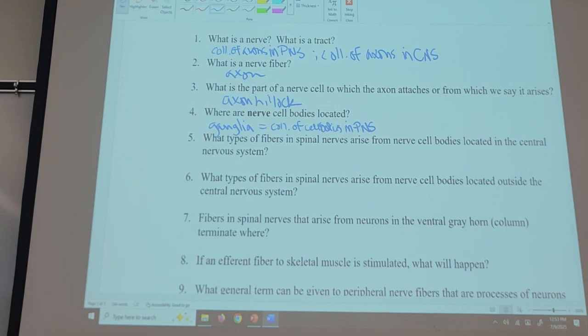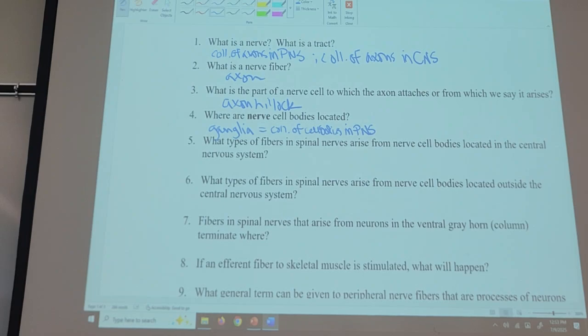Sensory and motor. Okay, so those are our choices. What types of fibers in spinal nerves arise from nerve cell bodies located in the CNS? Motor. What's another word for motor? Efferent. Okay, good.